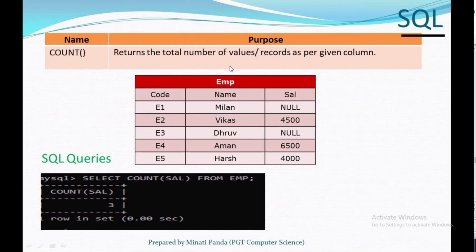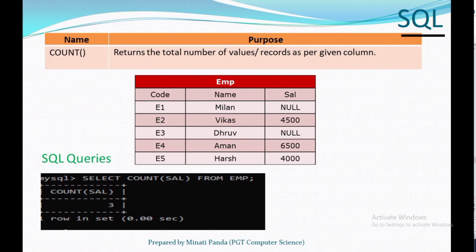Now we'll discuss two important aggregate functions, which are COUNT and COUNT(*). The COUNT function will return the total number of values or records as per the given column, but it will omit duplicate and null values. Here there are 2 null values.